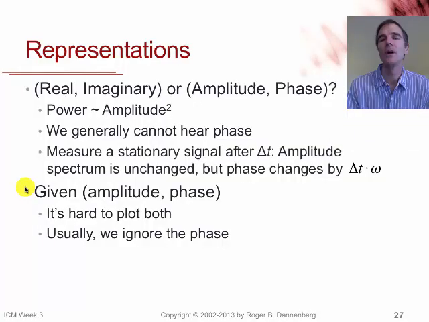So again, we can express the Fourier transform in terms of real and imaginary parts, or amplitude and phase parts. Typically, if we compute the Fourier transform numerically, we get real and imaginary parts, and we have to do a little trig to recover the amplitude and phase part, but they're equivalent. Power is proportional to amplitude squared, and we're very sensitive to power. We're not really sensitive to phase. We can't generally hear it.